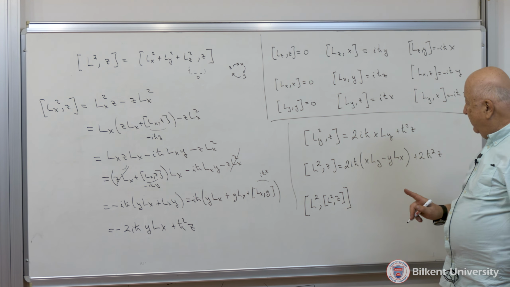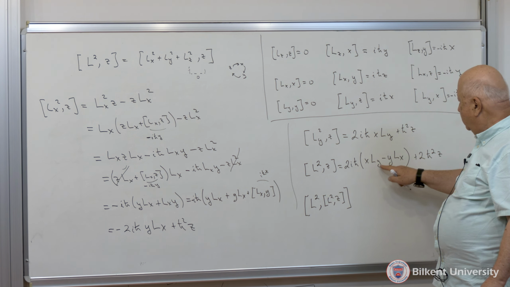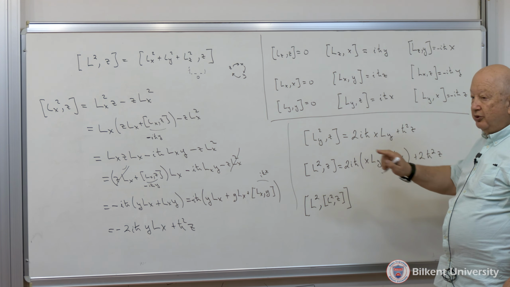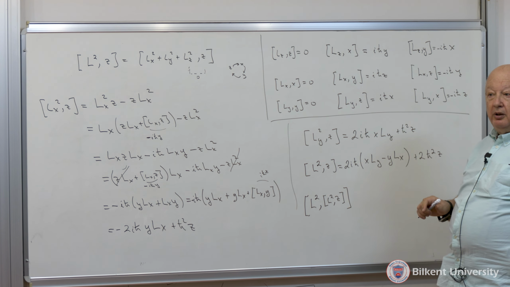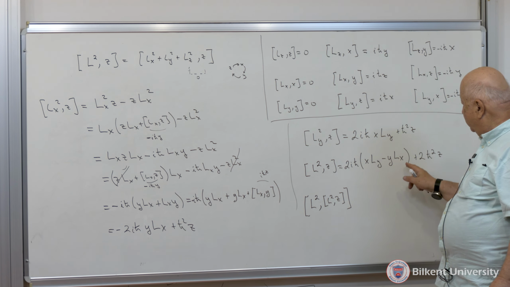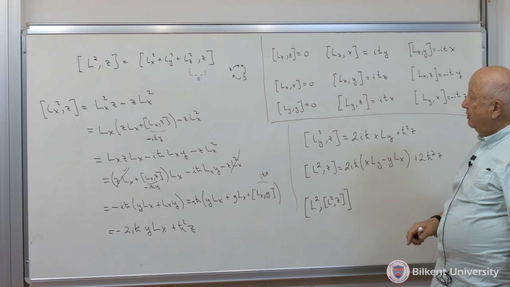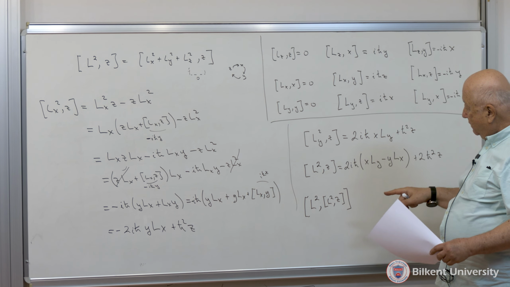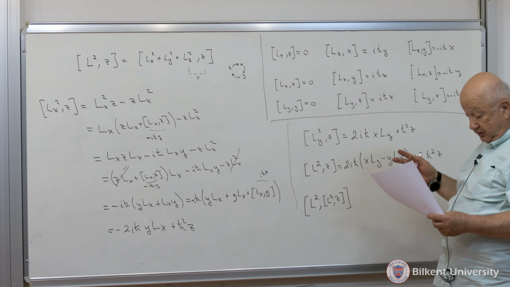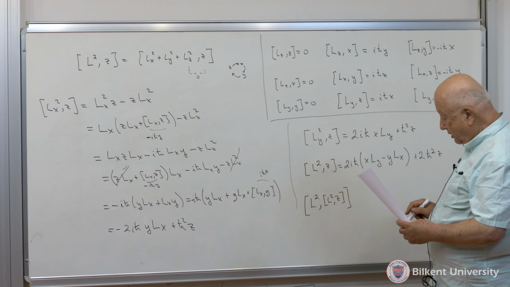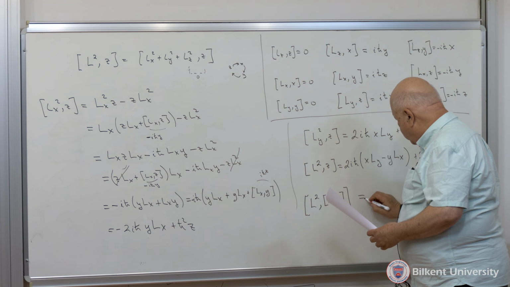So now you have to take this and look at its commutator with L squared. It's not really so bad because Ly and Lx commute with L squared, right? And so the only things that do not commute are things like x, y, and z, which we have over here, but still it's quite a bit of algebra. So I'll just write down what it is.